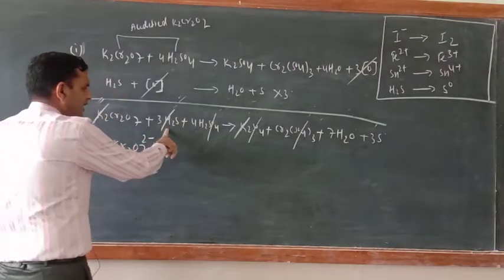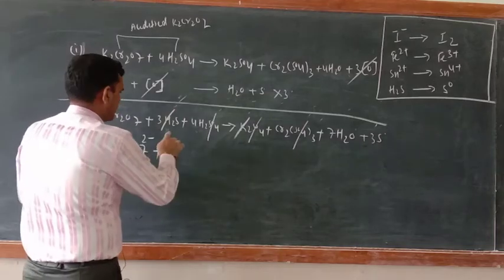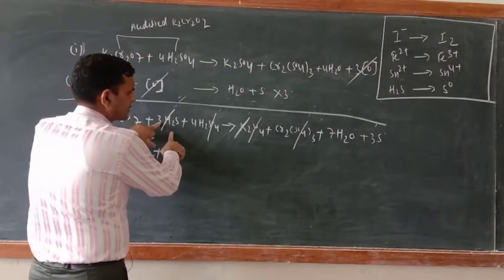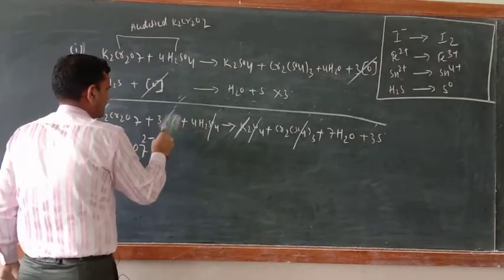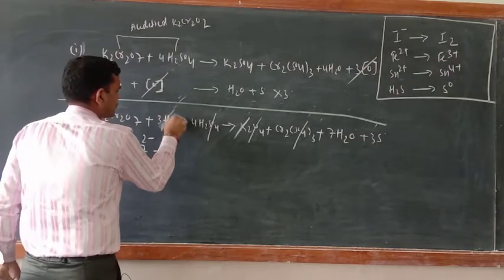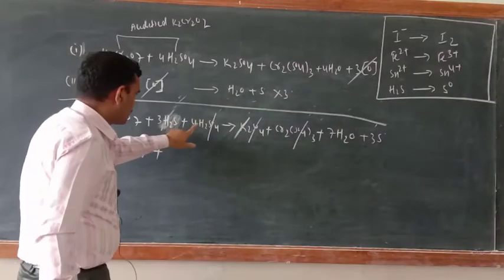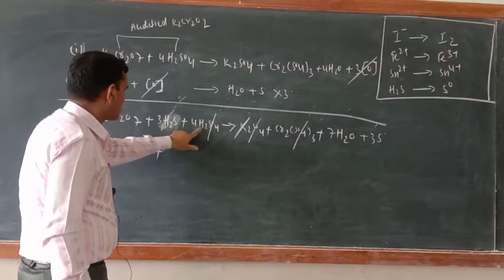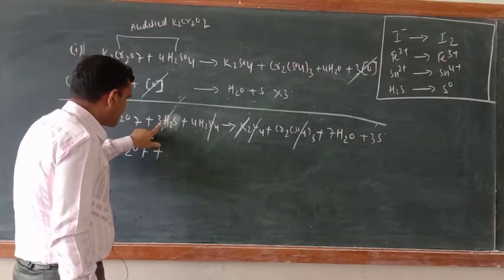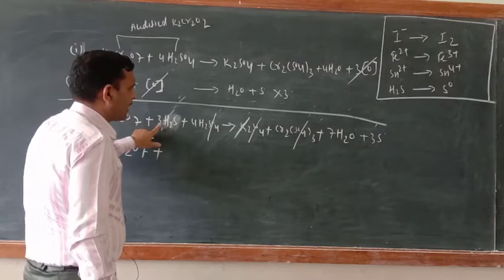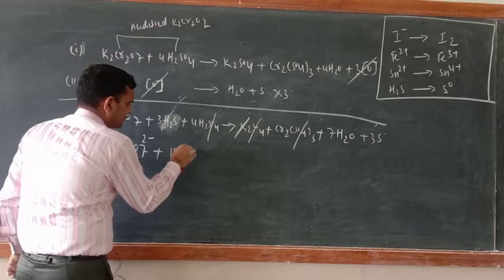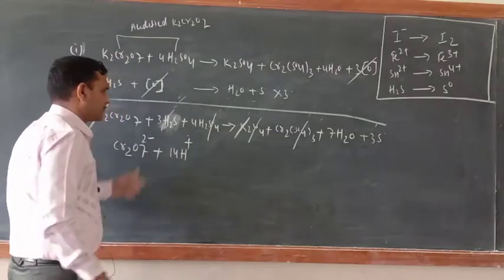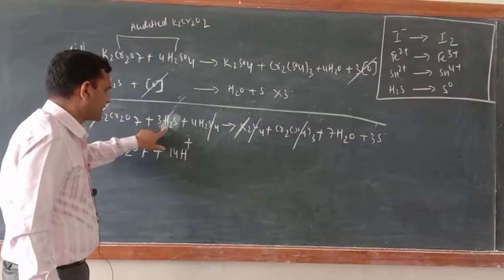And S positive 6, correct. So 3 H2S. So 4 times 2 is 8, and 6, correct? So the total number of H positive is 14 H positive. Just see, 3 times 2 is 6.